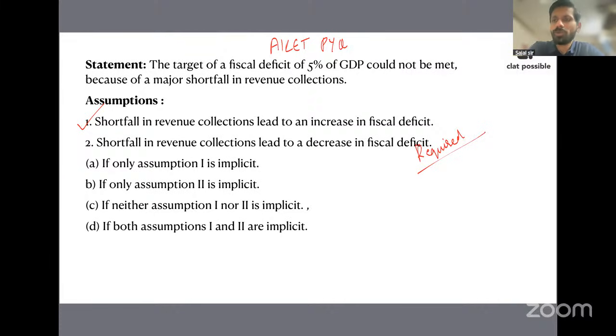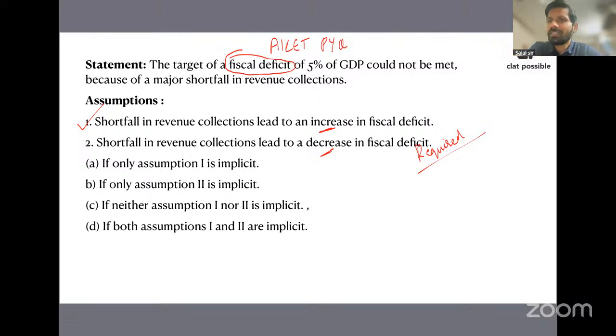So देखो, when you are solving for this question, particularly for this question, having some sense of fiscal deficit would be helpful, right? Because people may get confused on increase or decrease, because increase or decrease is not really given.